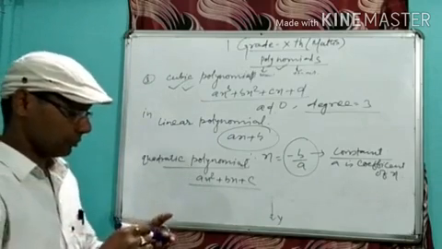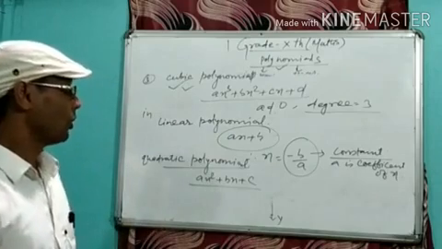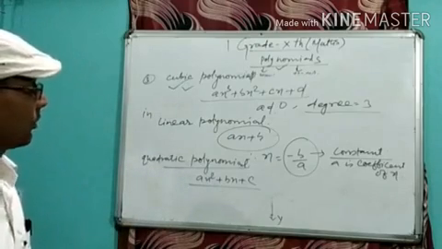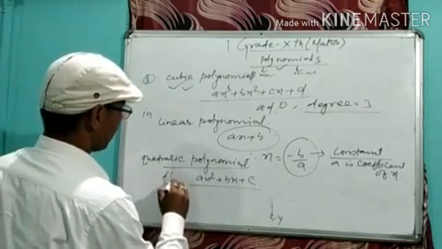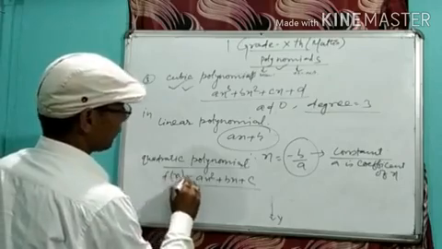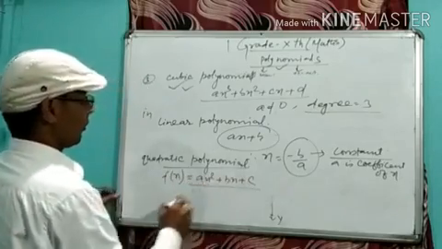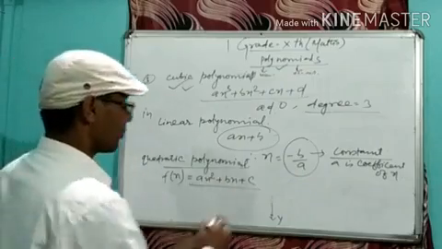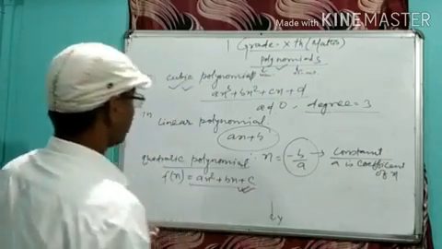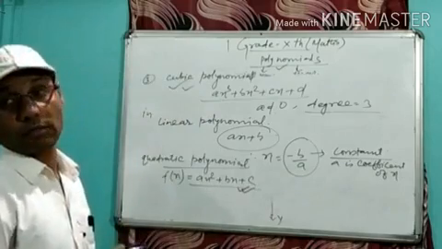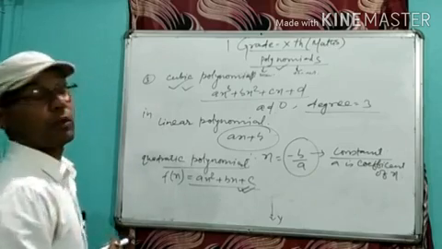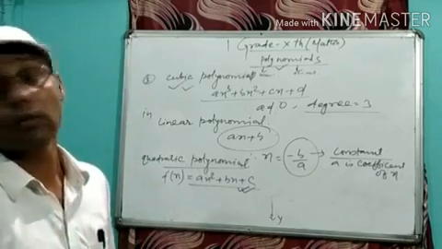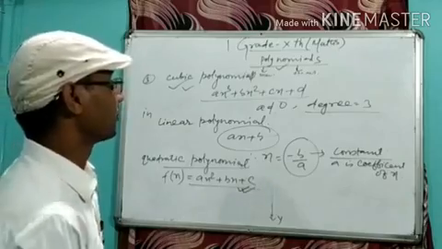It has two factors. Suppose f(x) equals ax square plus bx plus c, it has two factors like x minus alpha and x minus beta.